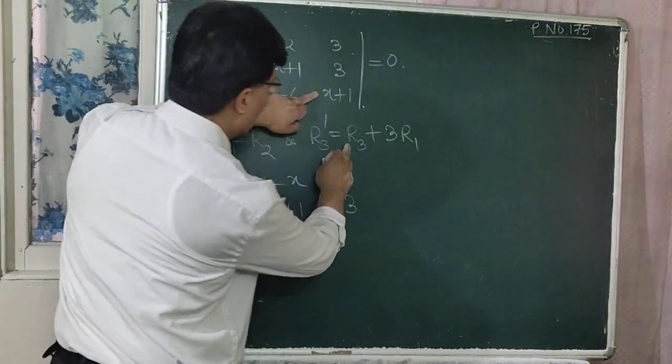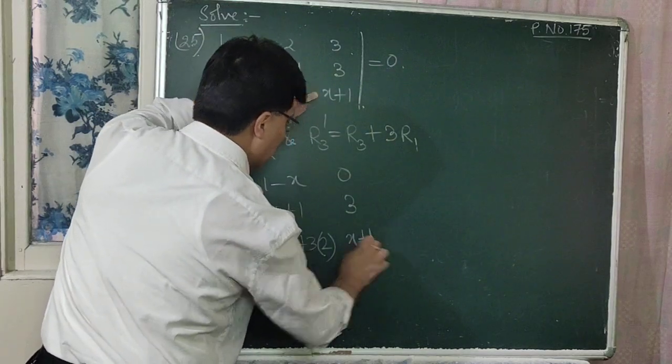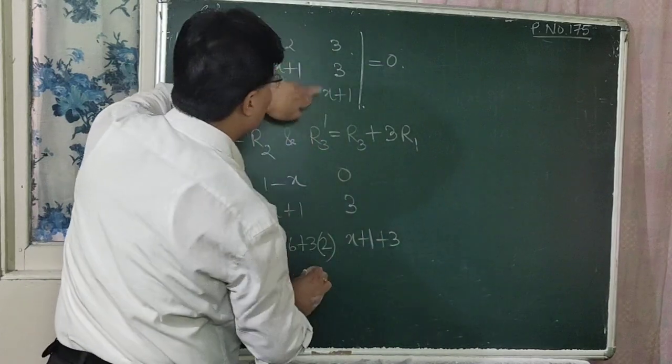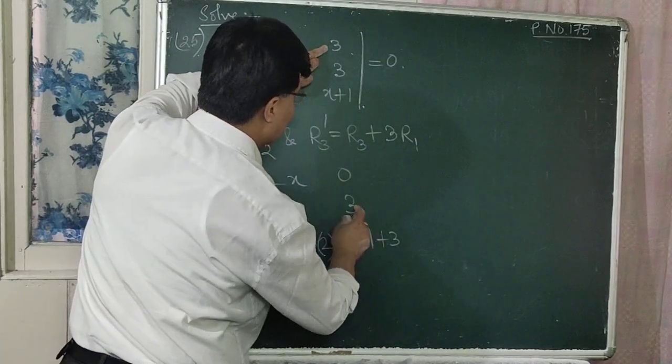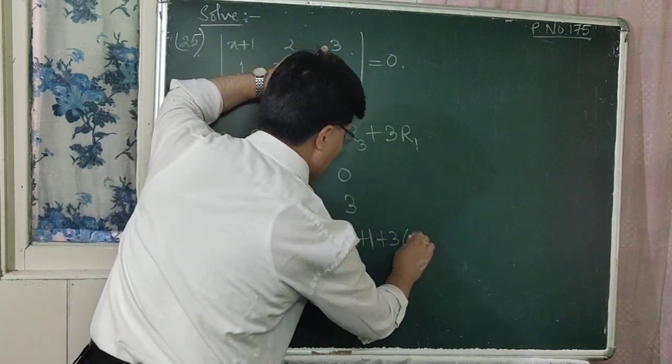Next again, r3 plus 3 r1, r3 means x plus 1 into third element of the third row, x plus 1 plus 3 into third element of the first row, 3 into what, r3 भनेपछि x plus 1 भएको plus 3 into 3.